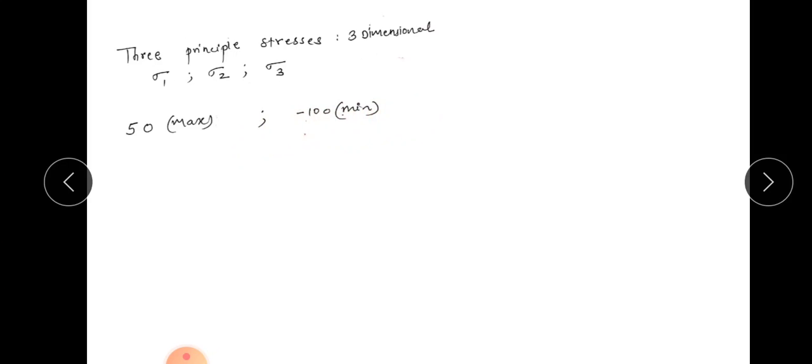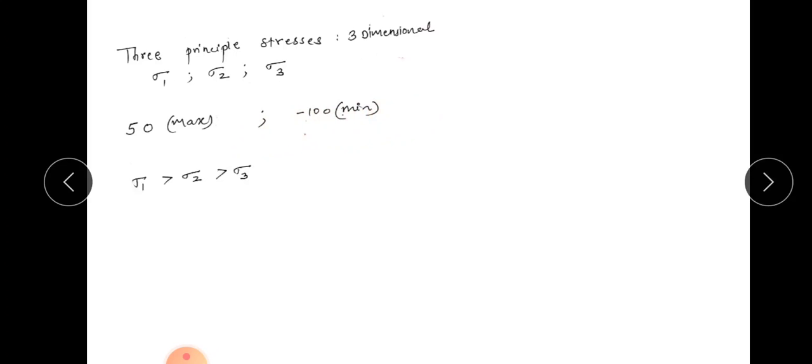If you plot sigma 1 on the x-axis and sigma 2 on the y-axis, on the left side of the y-axis you will get the minus 100 value, and on the right side you will get the 50 value, which are the minimum and maximum values.